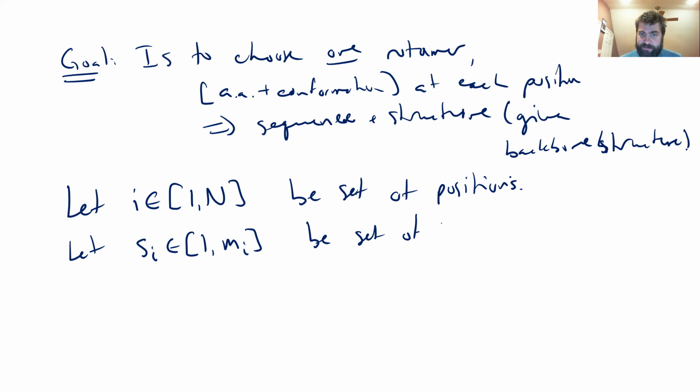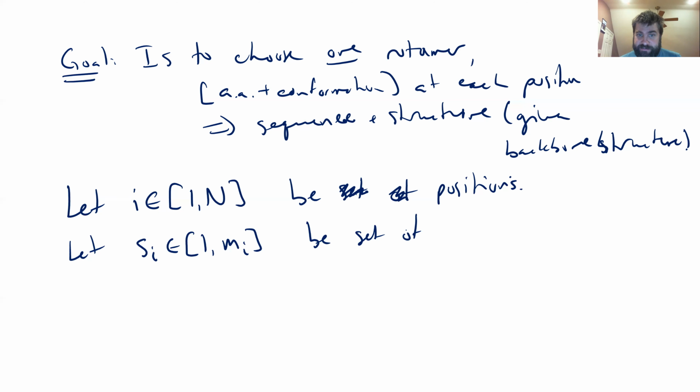be the set of, actually this isn't quite the set. Just to be clear on notation, the set of all positions, of course, is 1 to n. I is actually simply the position. S, the set of all rotamers would be I to Mi.